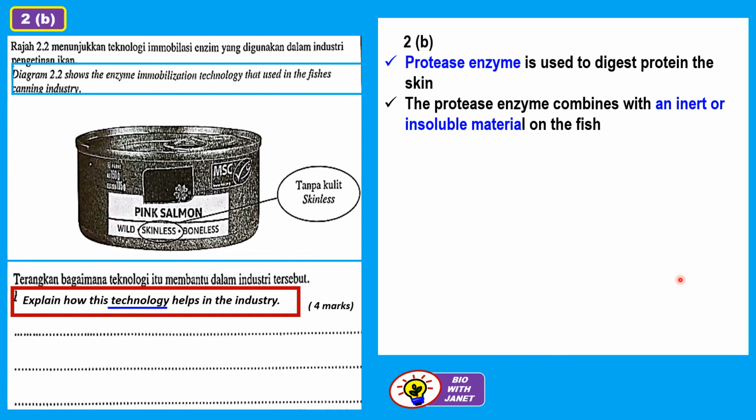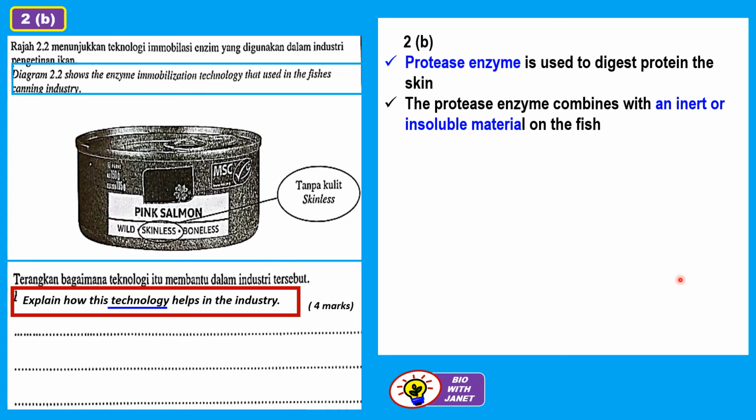Next, the protease enzyme was combined with an inert or insoluble material on the fish. We don't know what it is, but it must be done that way. Maybe there's something added onto the fish skin, so that there's an inert or insoluble material to which the protease enzyme can combine with, so that it remains fixed in position. It's not going to be washed away.